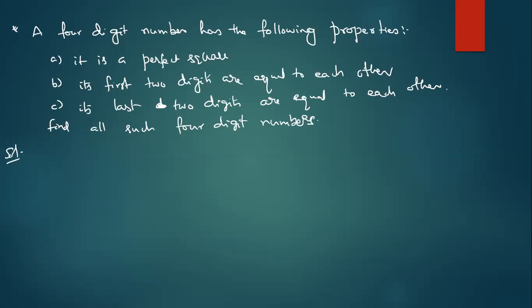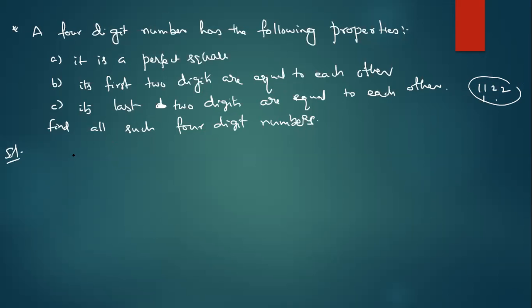Give one example. 1122. That means we need only 2 digits, and 2 digits are repeated. It is fine, 1122 is the pattern. That means we have to choose 2 integers only, either 1 or 2, like that.